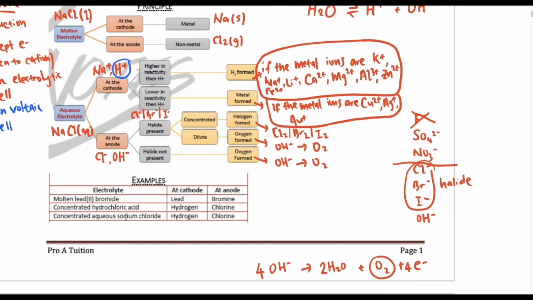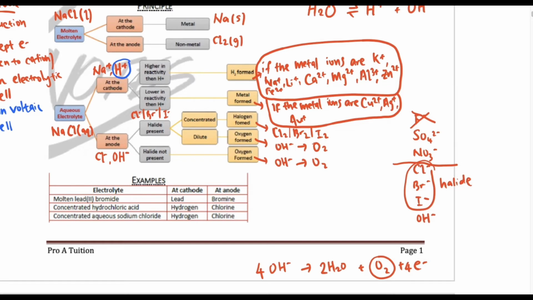Concentrated aqueous sodium chloride. Okay, now whichever stays at the lower part will form products. So we have hydrogen and sodium. Hydrogen stays at the lower part. You know, hydrogen is below all these. So sodium is here.